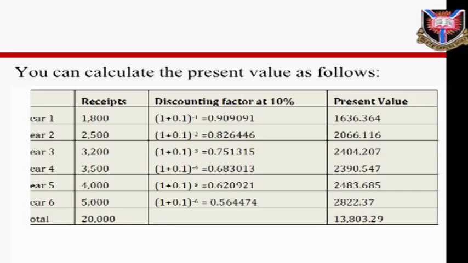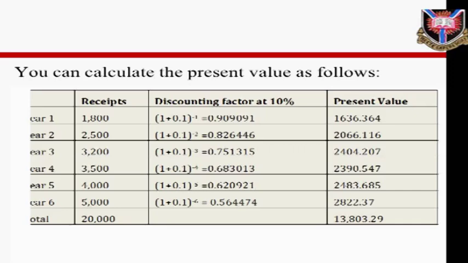Discounting factor at 10%: 1 plus 0.1 all in bracket to power 3, which equals 0.751315. Present value 2,404.207. Year 4, 3,500. Discounting factor 10% equals 0.683013.